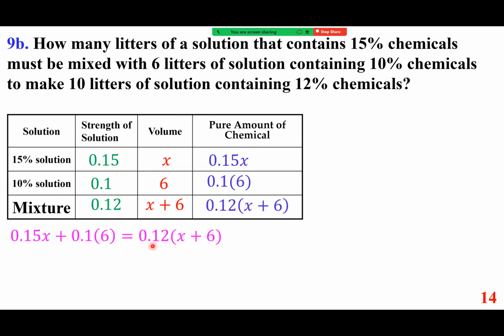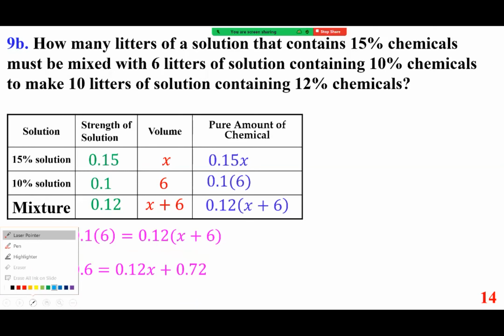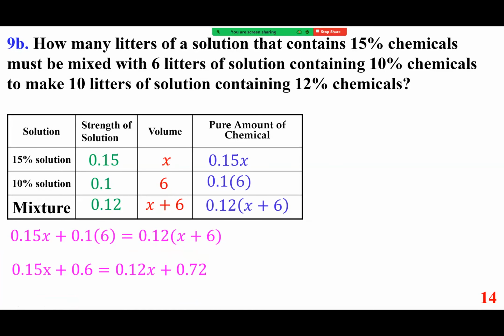This is 0.6. This is 0.12x. This is 0.72. And we move this here. We get 0.03x equals 0.12.